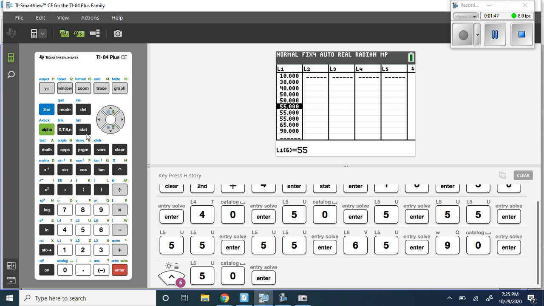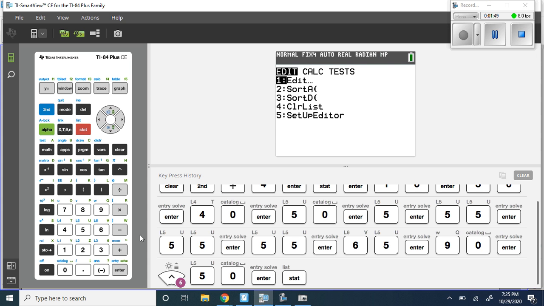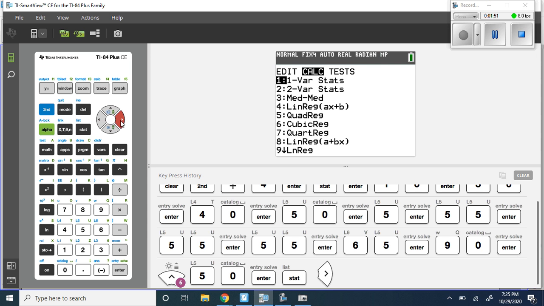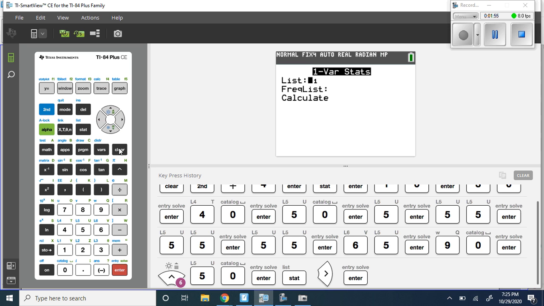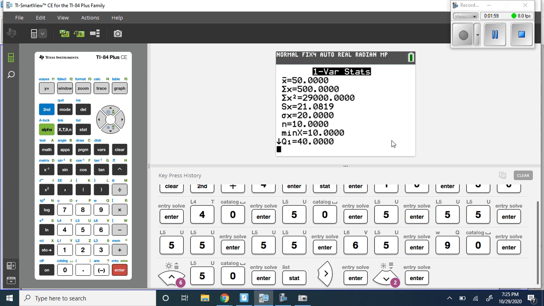And then, of course, we're going to go stat, arrow over to calculate. We're going to do a one variable statistic, okay? So everything's coming from L1, and we're just going to hit enter. And what this gives us is this. So the mean, let's go on down. The mean is 50. That's the X bar, right?